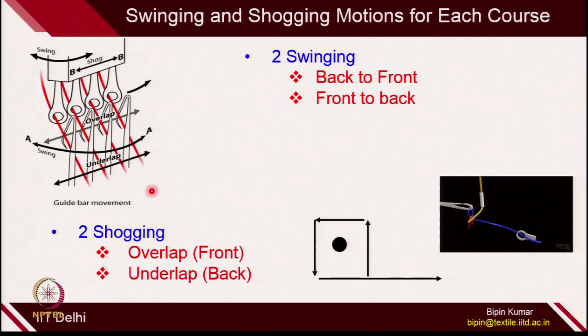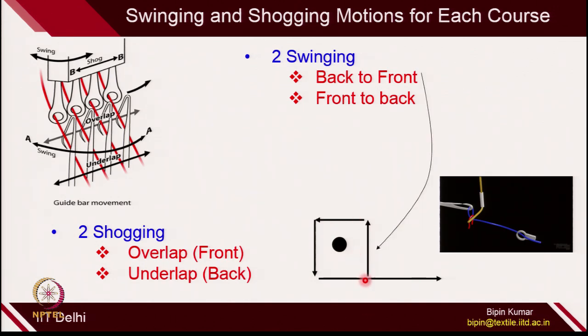And shogging motion is the lateral displacement of the guide bar in the direction of the axis of the needle bar. Shogging motion was further divided into two parts, overlap and underlap, and this is how a simple planar view of the motions of a particular guide with respect to a particular needle can be characterized.